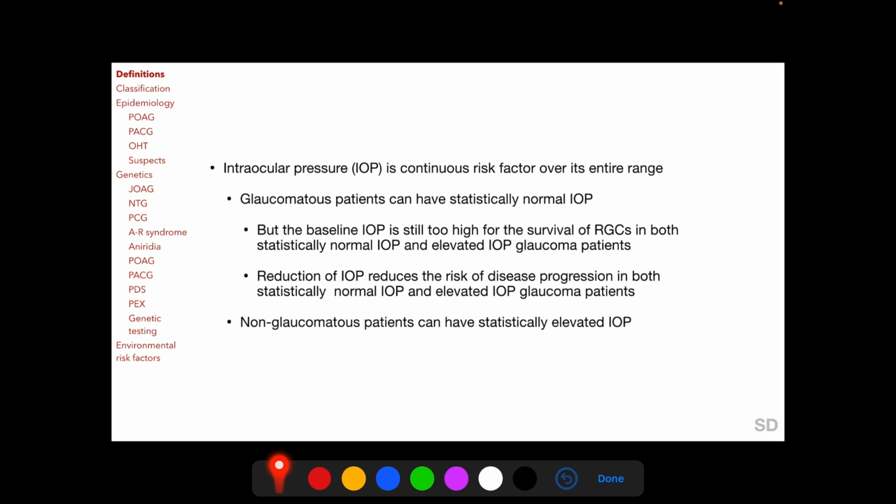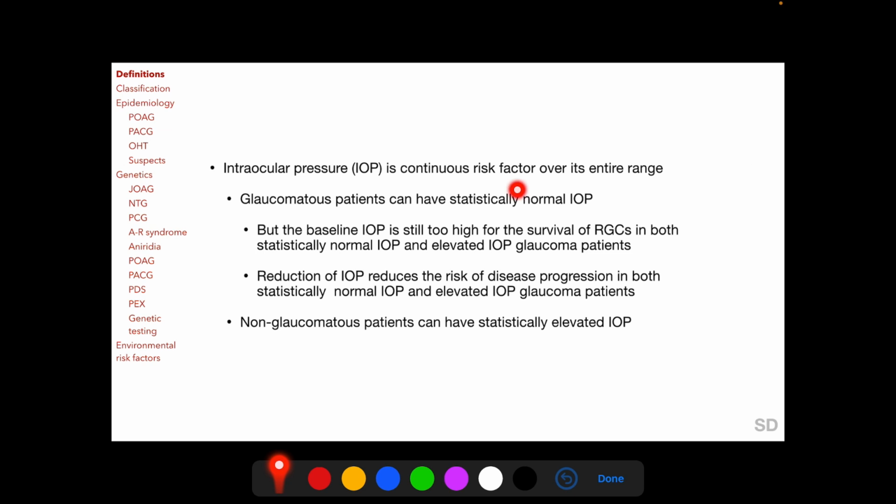Intraocular pressure is a continuous risk factor over its entire range, which means that risk of glaucoma exists at a very low intraocular pressure and the risk of glaucoma increases with increase in intraocular pressure. Both glaucomatous patients can have a statistically normal intraocular pressure and non-glaucomatous patients can have statistically elevated intraocular pressure.